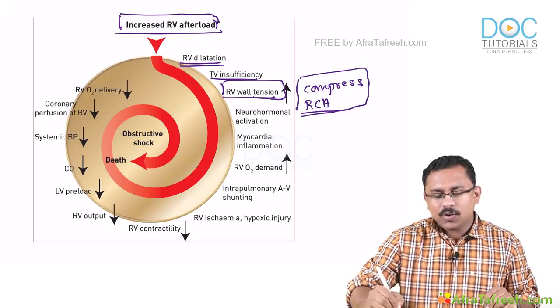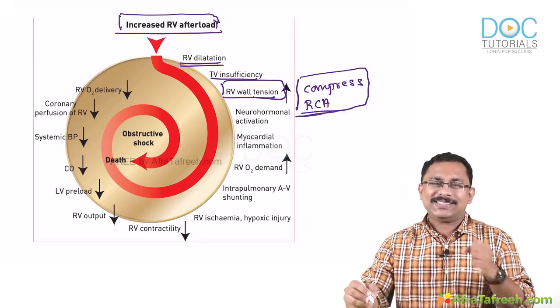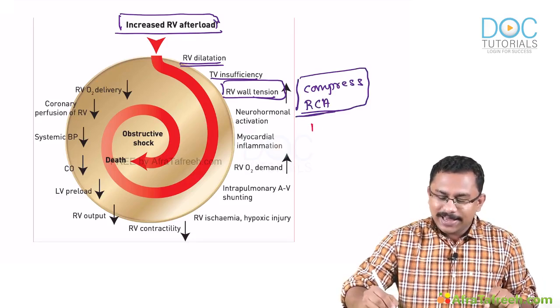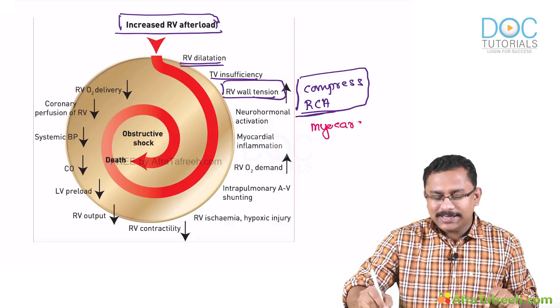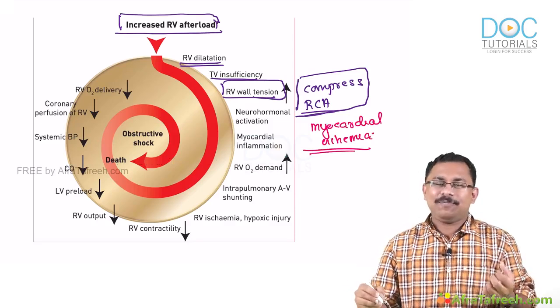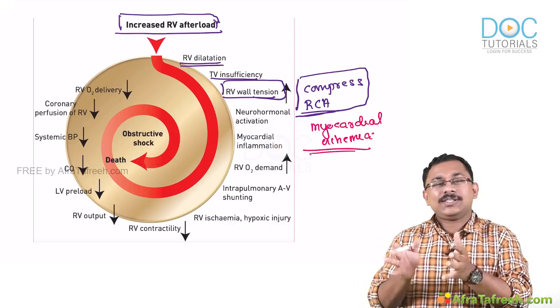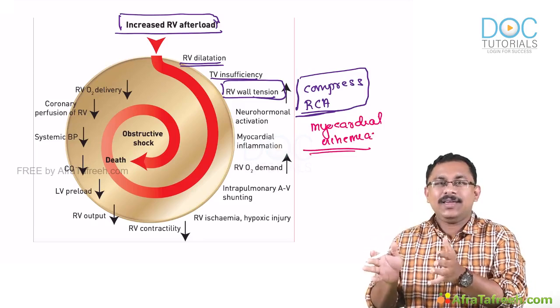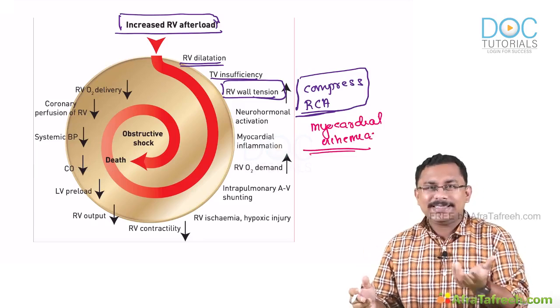And whenever the coronary artery is compressed, what will happen? There can be a myocardial ischemia. So already the RV is not able to pump enough blood, and on top of that, because of the tension in the RV, you are also getting a myocardial ischemia.